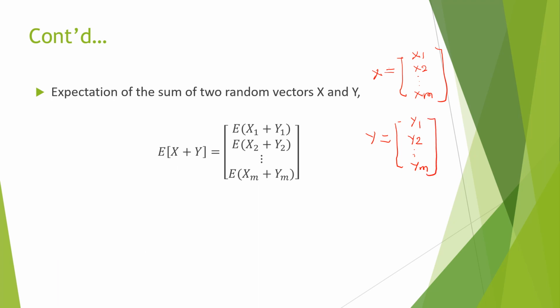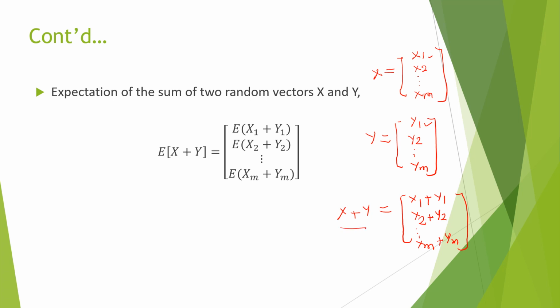Now we want expectation of X plus Y. Therefore first we write the sum of random vectors X plus Y. We know how to add two random vectors: add individual elements. Then the first element would be x1 plus y1, second element would be x2 plus y2 and so on, and the last element would be xm plus ym. This is the sum of two random vectors X plus Y.